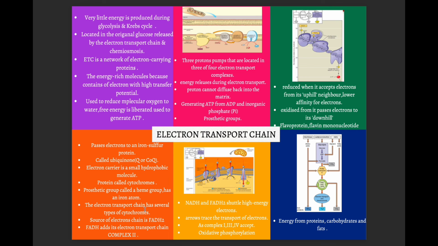The electron transport chain has several types of cytochromes. The source of the electrons here is FADH2, and FADH2 adds its electrons at electron transport chain complex 2.